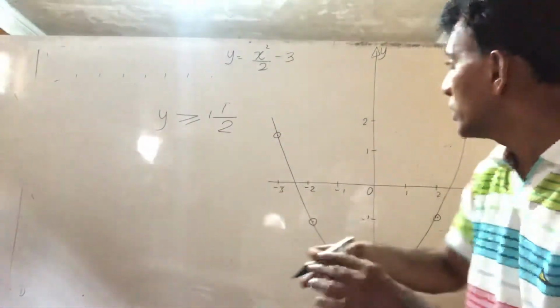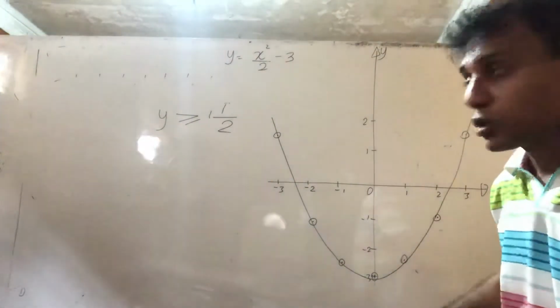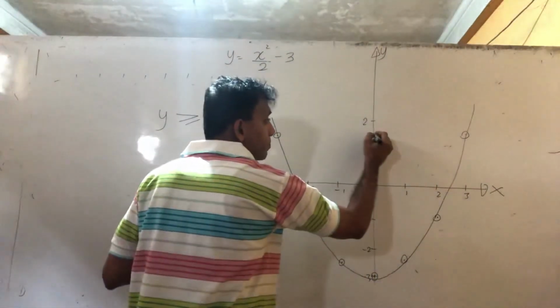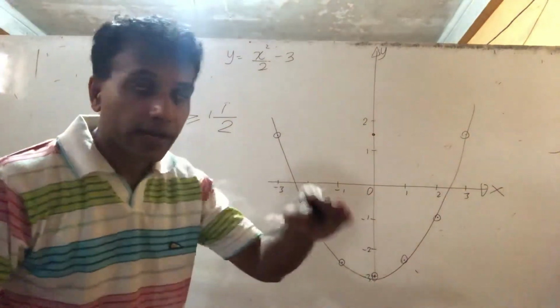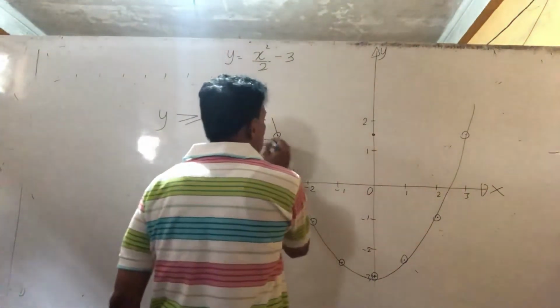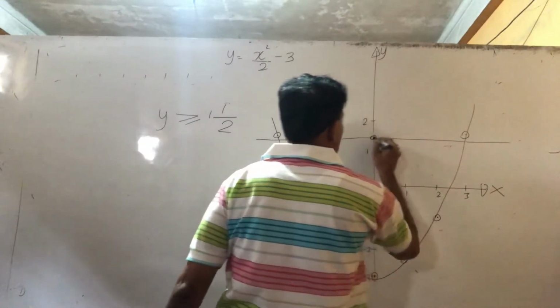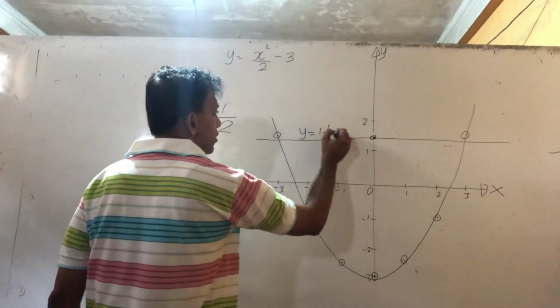Here y is 1, here y is 2, y is minus 1. So where is y equals 1.5? Here, between 1 and 2, the middle point, right? Then you draw that line, y equal 1.5. This is called y equal 1.5.